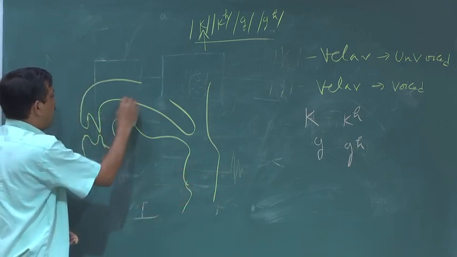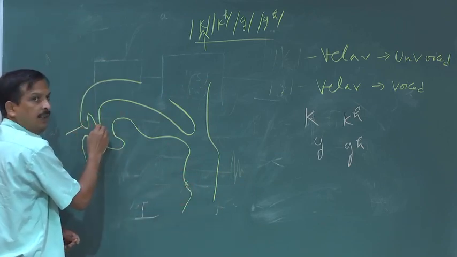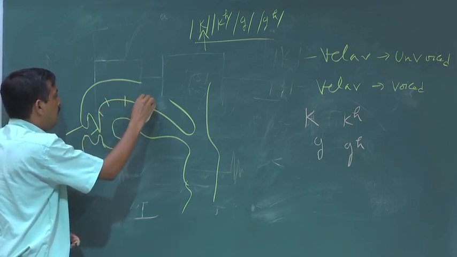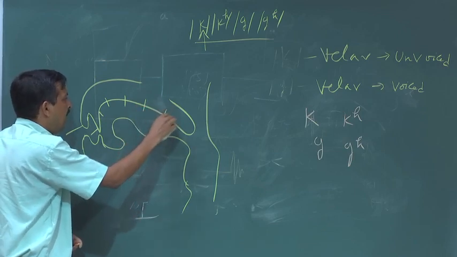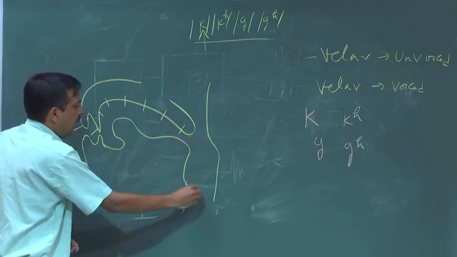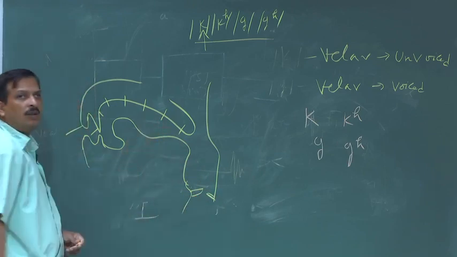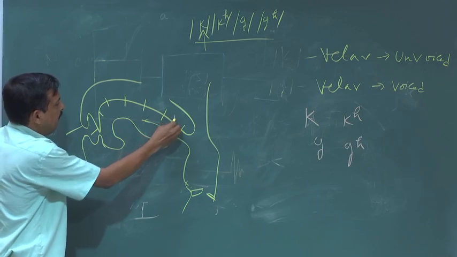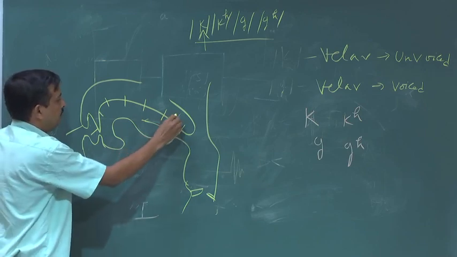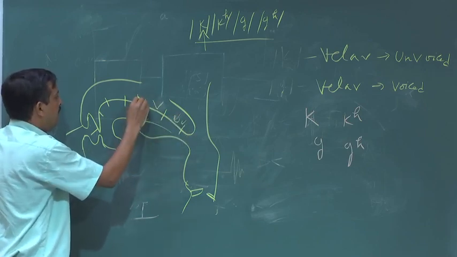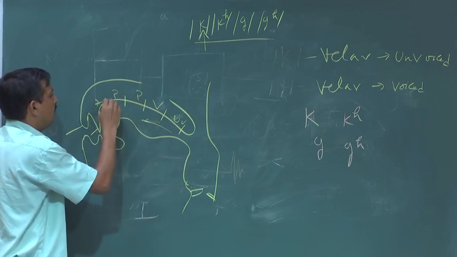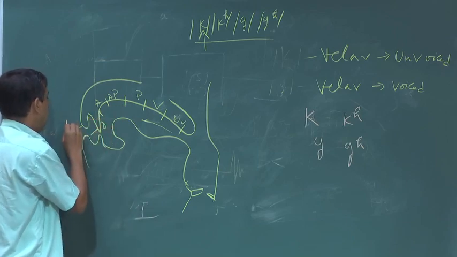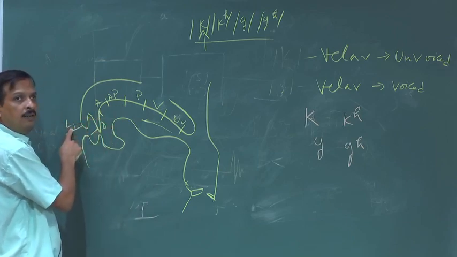In the upper cavity we have bilabial, dental, alveolar, post-alveolar, palatal, velar, uvular, pharyngeal and glottal. Now, if I come from this side: uvular, velar, palatal, post-alveolar, alveolar, then dental, then bilabial, labial.